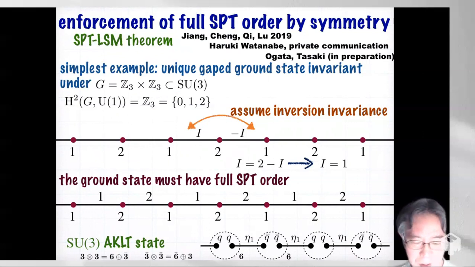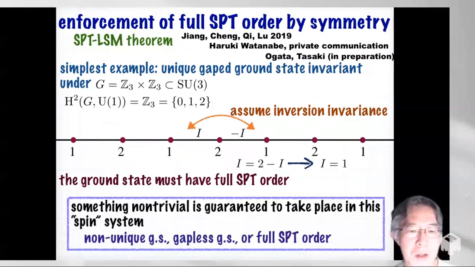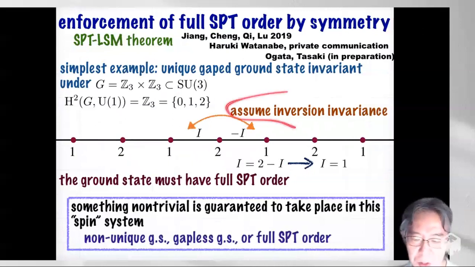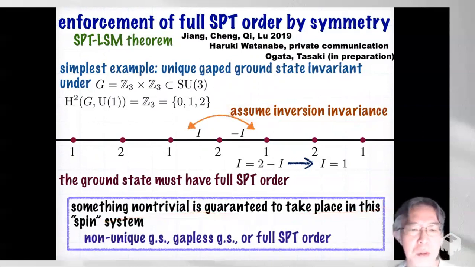And here's the, as I said, there's no example in usual standard quantum spin systems. I think the simplest example is something called the SU3 AKLT state. I'm not going to explain this, but yeah, there is an example, a bit weird example. So the importance of this consideration is that in this spin system with inversion invariance, something non-trivial must happen, okay? Because it may have a non-unique ground state.